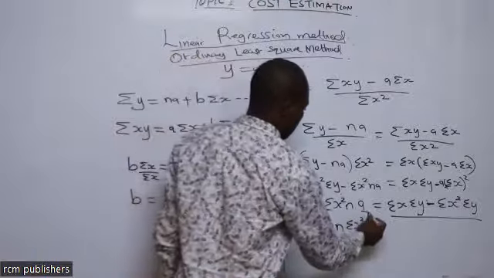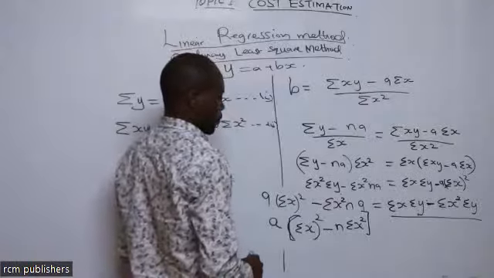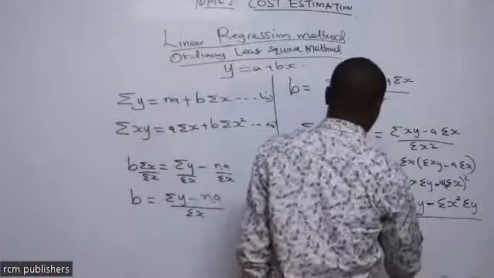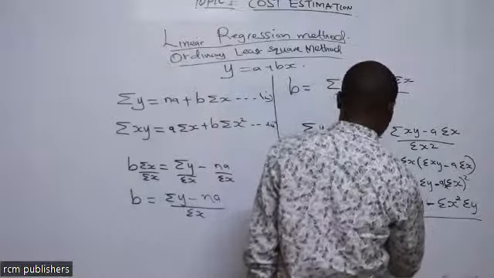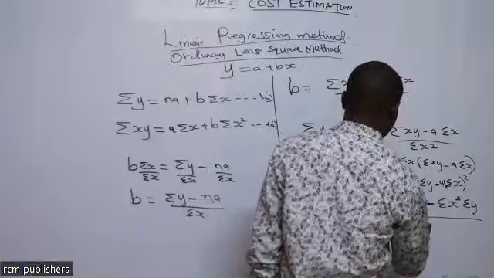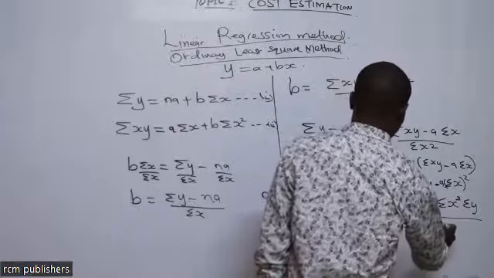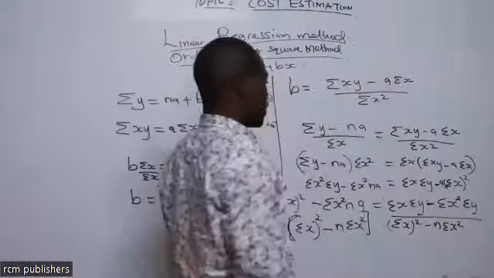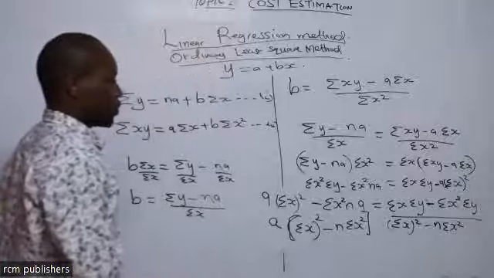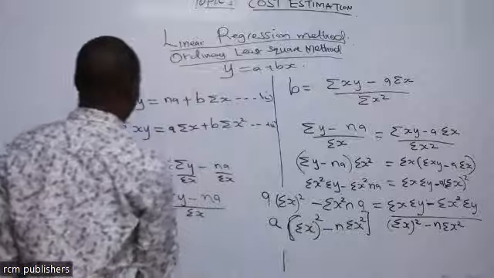That is what we have, which we're supposed to take to this side. So summation of x squared minus n summation of x squared. So that is what we have there.